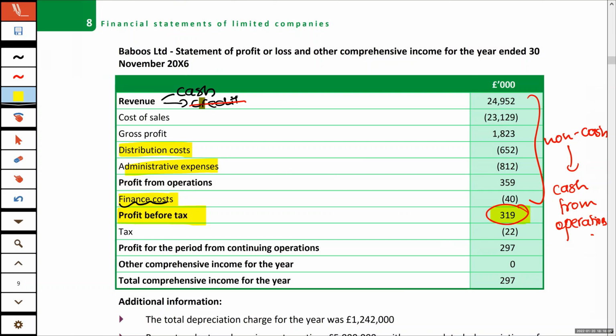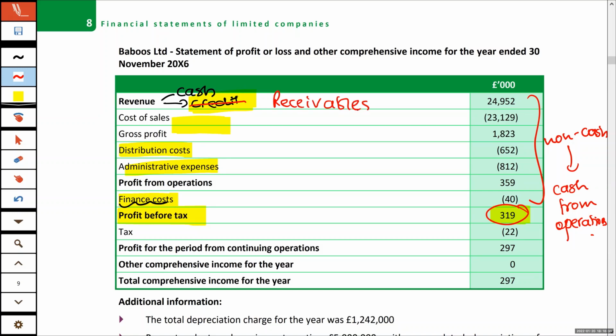But what about these credit sales? What about these credit purchases that go in cost of sales? Sadly, we are not given that information. So the way we work that out is we look at what affects credit sales and what affects credit purchases. The item that affects credit sales is receivables.